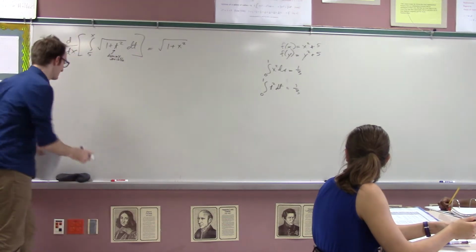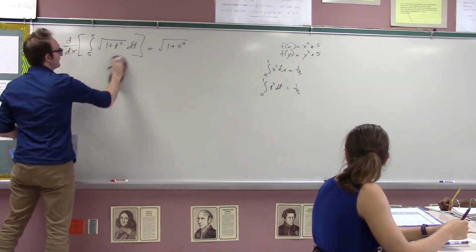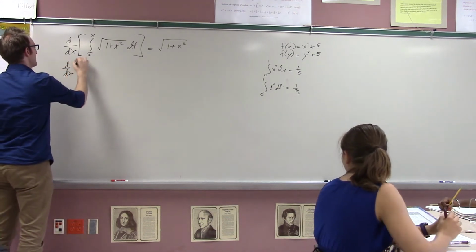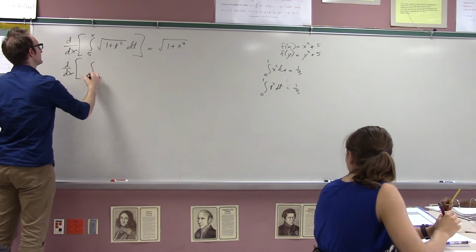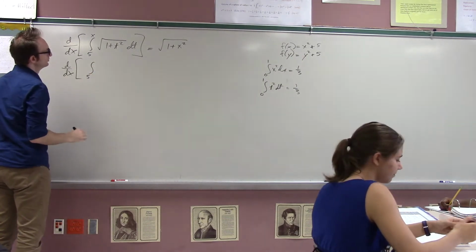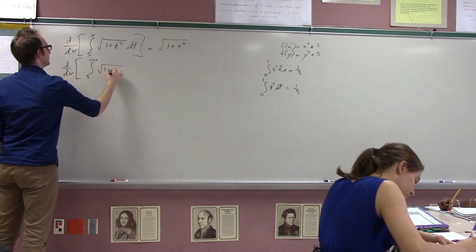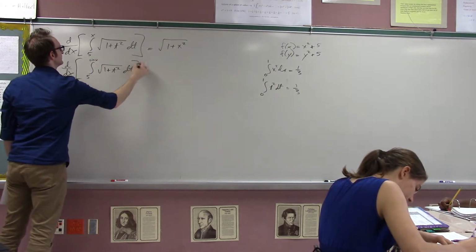This is just the fundamental theorem. All right, so now, what if I mix it up a little bit? Suppose instead I differentiate the integral from 5 to sine x of the square root of 1 plus t squared.